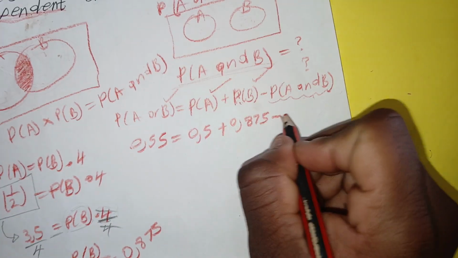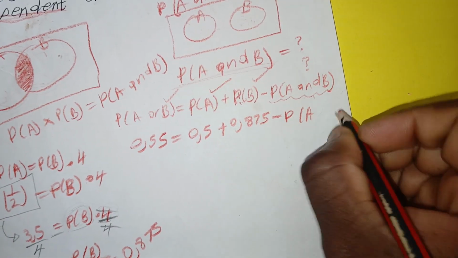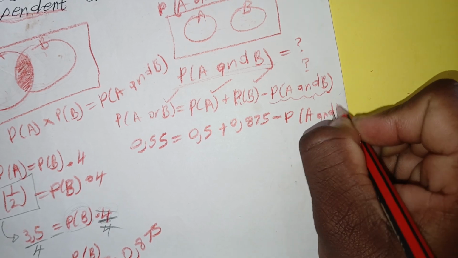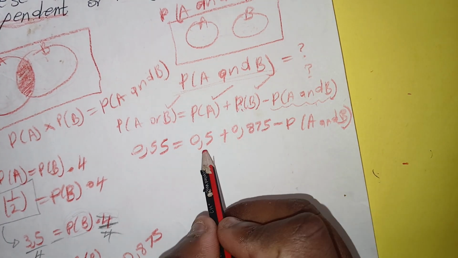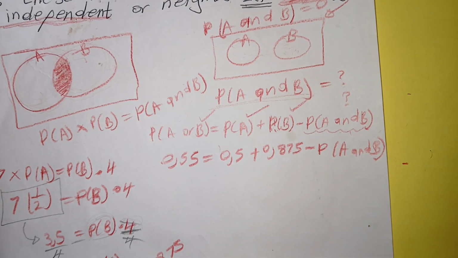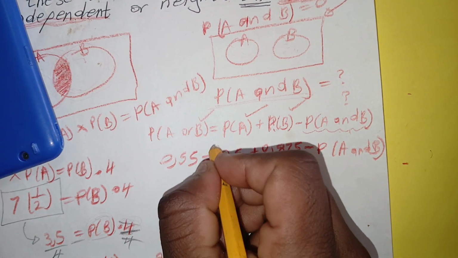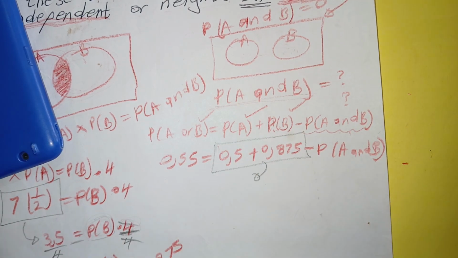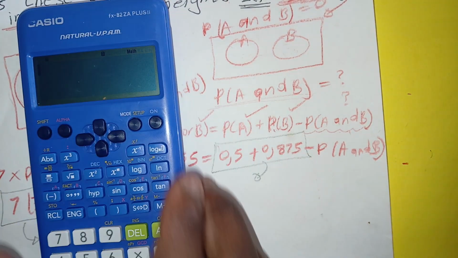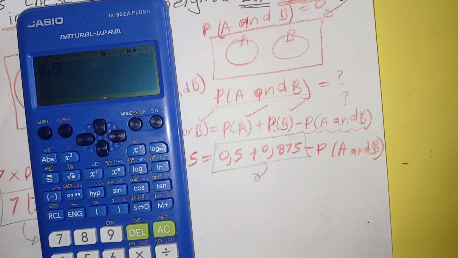Minus the probability of A and B. You see? So we can simplify these two things, make them simple. We can simplify them by pressing our calculator. It's 0,5 plus 0,7.